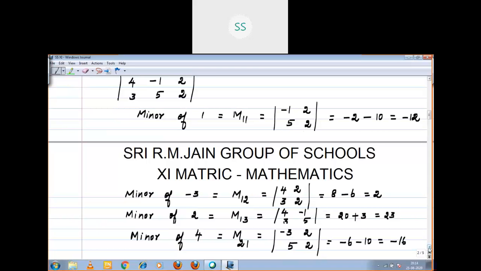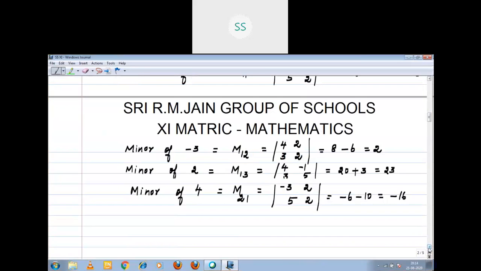Next, minor of minus 1. Where is it located? Second row, second column. That means second row and second column should be deleted.